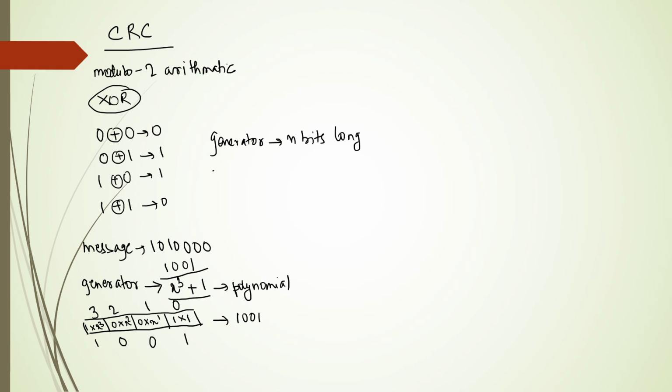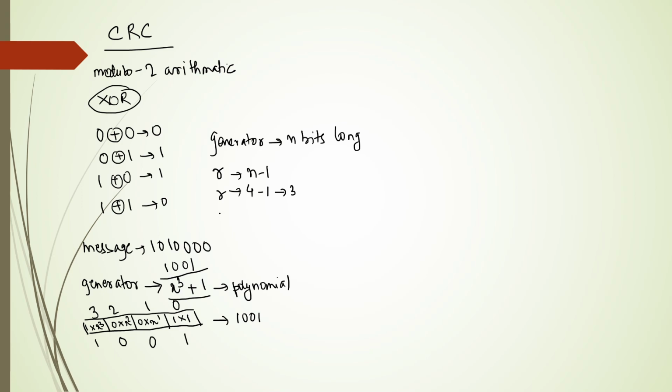If I take redundancy bits, we can say that r will be equal to n minus 1. So if the generator is 4 bits long, r will be 4 minus 1, which is 3. What is this 3? It means we need to add 3 redundancy bits to the actual data.